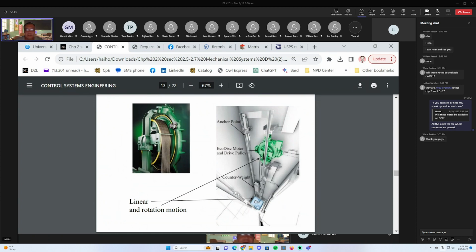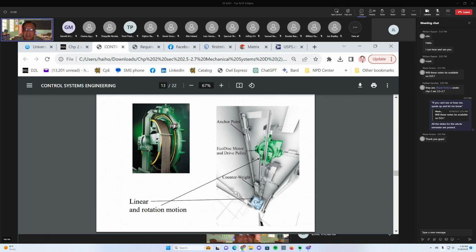Okay, so here's a good real world example of a rotational system where you convert a rotational motion system into a linear one. This is an elevator. If you look inside an elevator, here's the car or the cabin of the elevator.